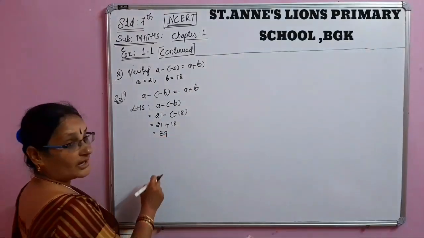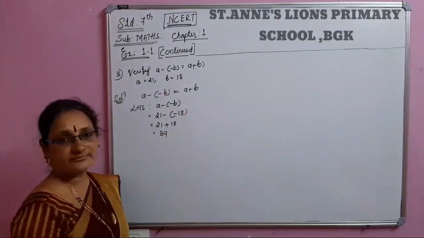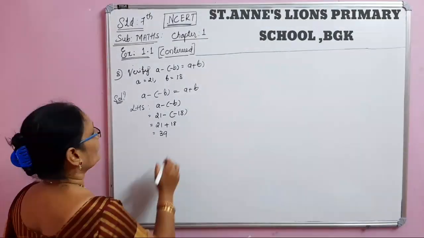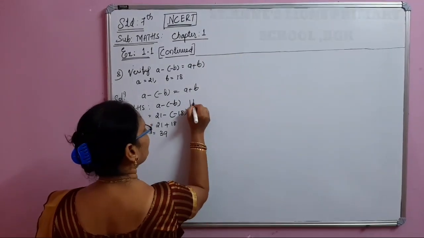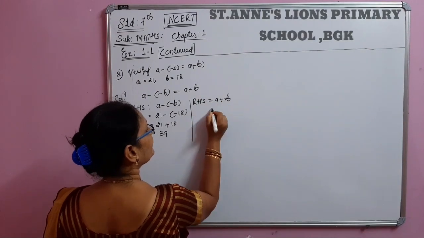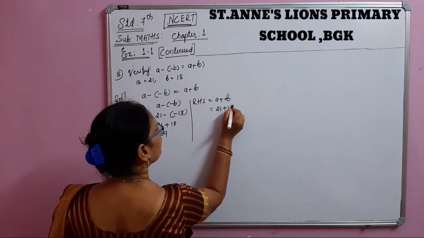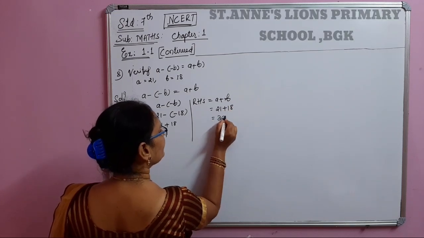Same we have to get for the RHS. If LHS equals RHS, then the given values are correct for this given relation. Now what is RHS? We will see now. RHS is equal to a plus b. What is a? 21 plus 18. B is 18. That is 39.